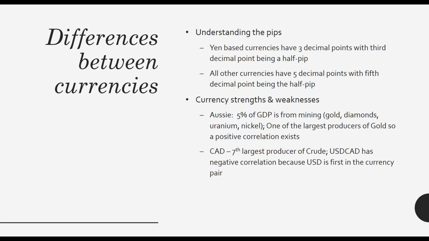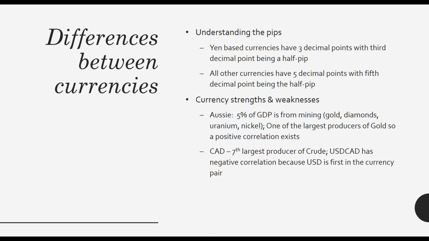Now, the Canadian dollar is the 7th largest producer of crude. And what that means is if crude goes up, the Canadian dollar typically goes up as well. But remember, the CAD is the second symbol in the currency. The first symbol is the USD.